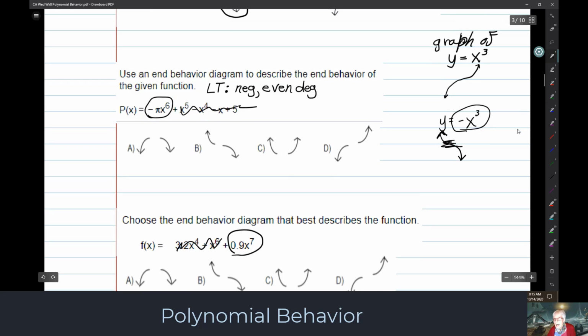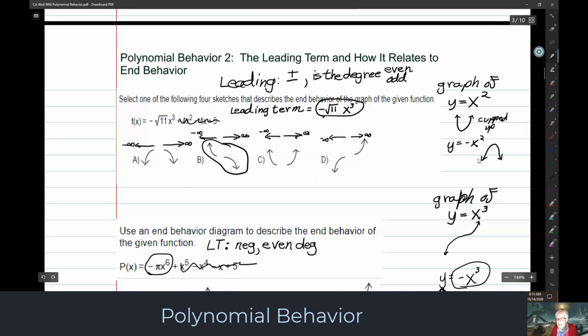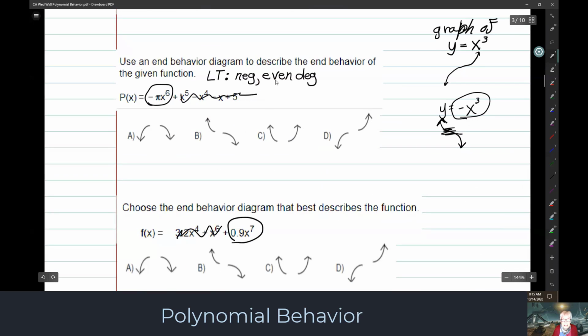It's going to look like y equals negative x squared, not in the middle maybe, but out at the ends. It's going to go down on the left and down on the right. And this is all I need to know about the leading term. So I would choose A. Notice the middle is blank because we're not talking about the part of the graph in the middle. We're talking about at the ends.